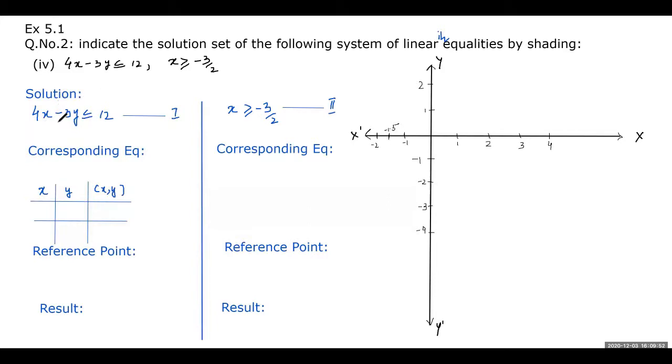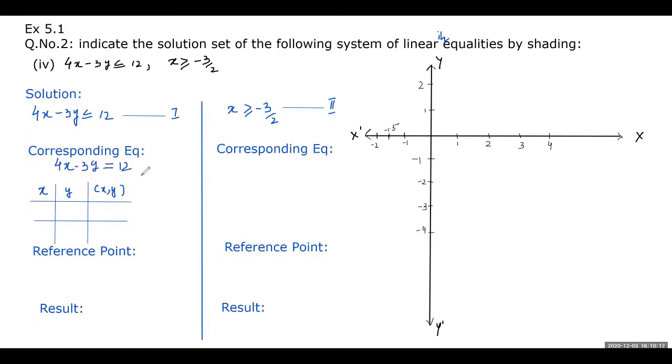We start the solution. We take the first inequality, 4x minus 3y is less than or equal to 12. We name it number 1. We write its corresponding equation; all we do is change the inequality sign to an equals sign, and the corresponding equation becomes 4x minus 3y equals 12.